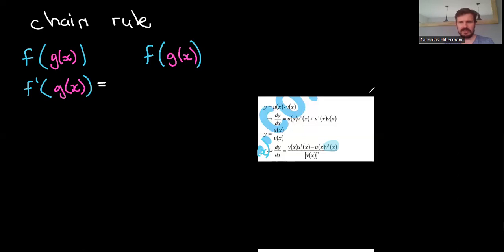What you do is you derive the inside, g dash of x. So the formula is quite confusing. And then you multiply by f dash g of x. So let's put it on.